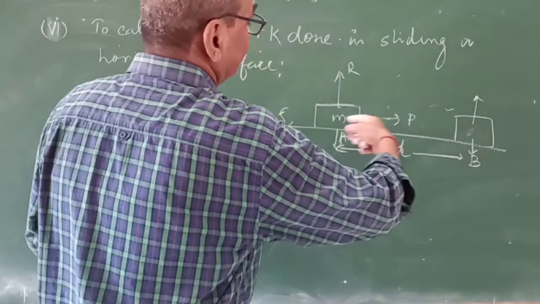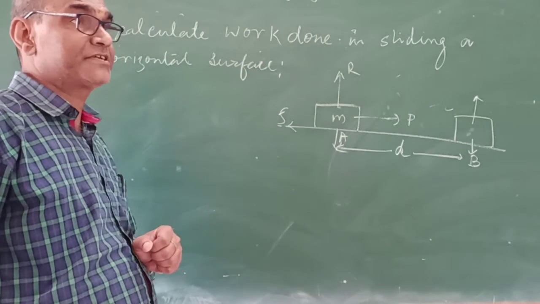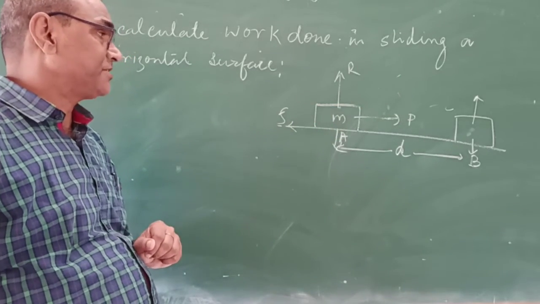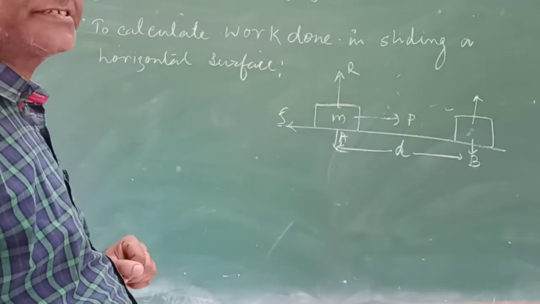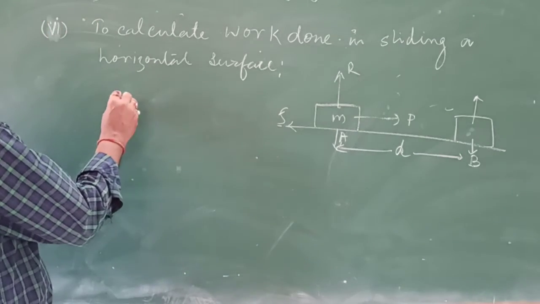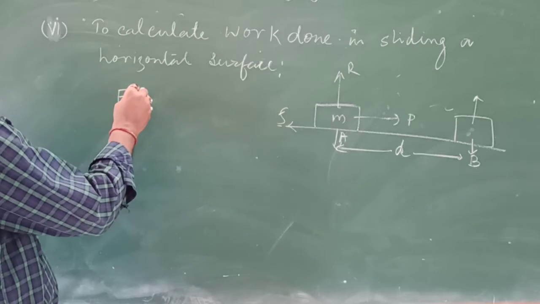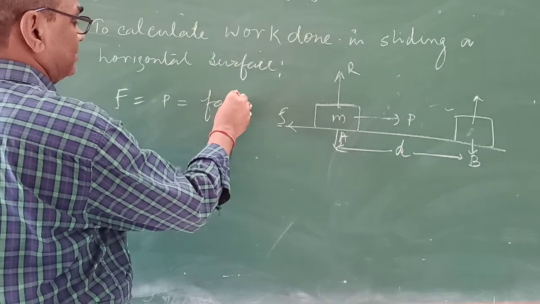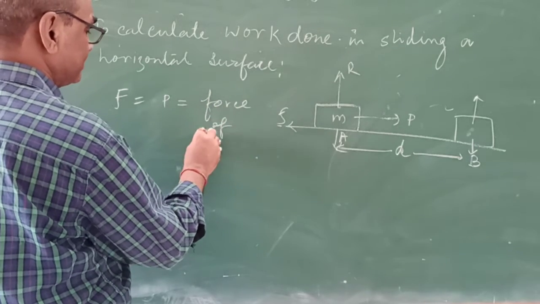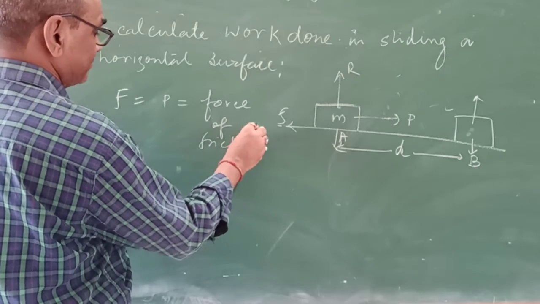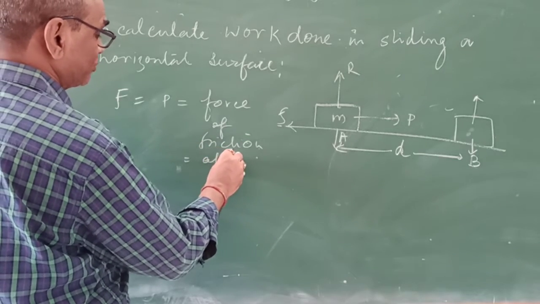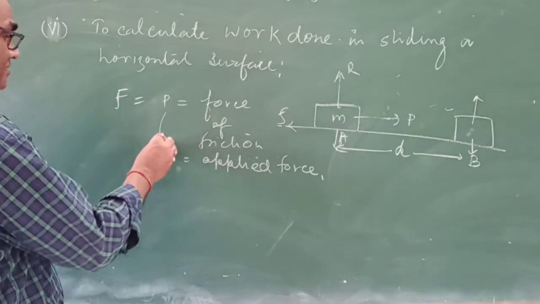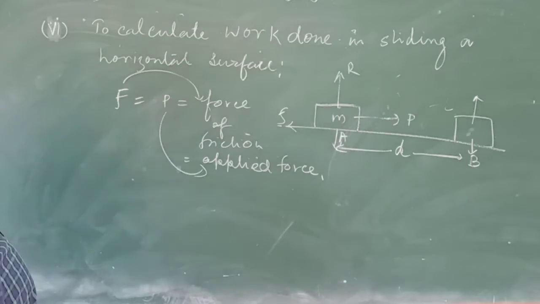The force of friction is a self-adjusting force. If we increase P so that P is greater than F, then the block will move from point A to point B. It covers a distance equal to d. Therefore, F, the force of friction, is equal to P. This is the applied force P and this one is the force of friction.